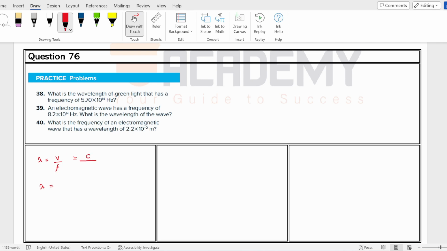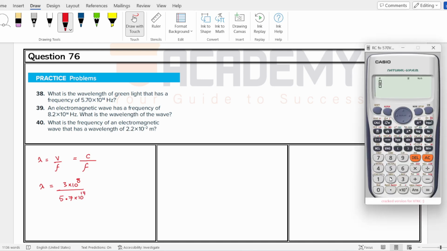So instead of writing V, we will write C. And we know that C has the value of 3 times 10 to the power 8, divided by the frequency that is given in the question, which is 5.7 times 10 to the power 14. طبعا using the calculator now, we can find the answer. Then 3 times 10 to the power 8 على 5.7 times 10 to the power 14.